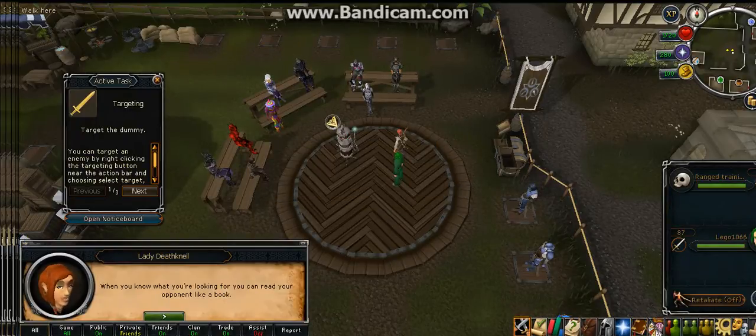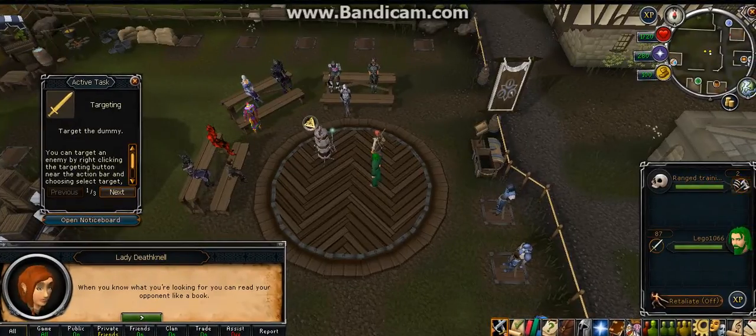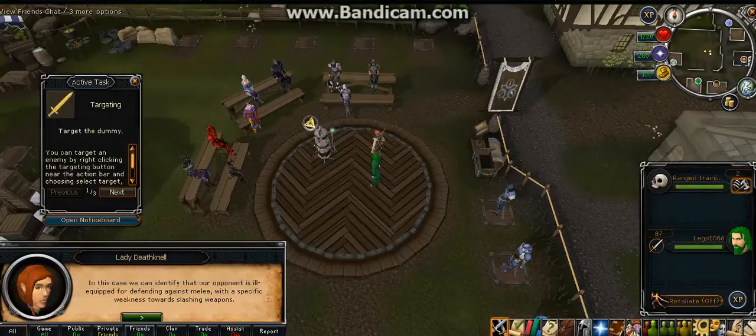When you know what you're looking for, you can read your opponent like a book. In this case, we can identify that our opponent is ill-equipped for defending against melee, with a specific weakness towards slashing weapons.